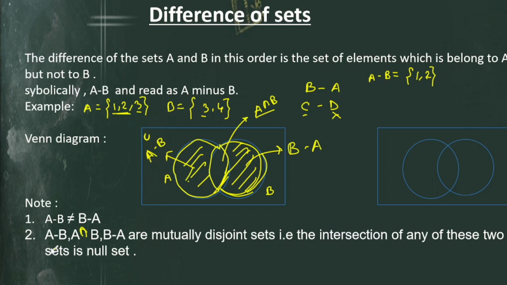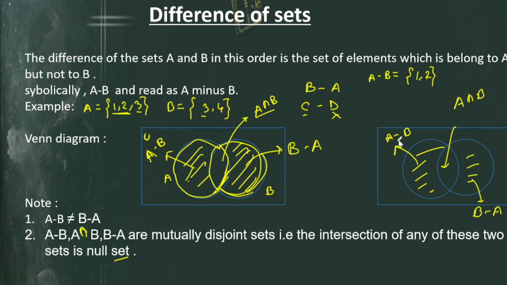If we intersect any two of these three sets, we get the null set. Clear? This portion is A minus B, that is A intersection B, and that portion is B minus A.